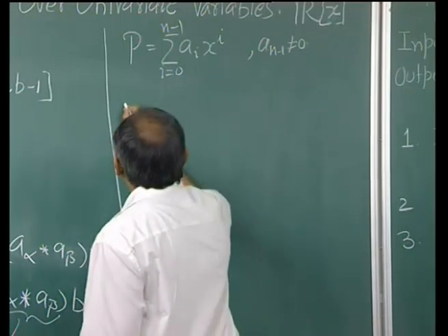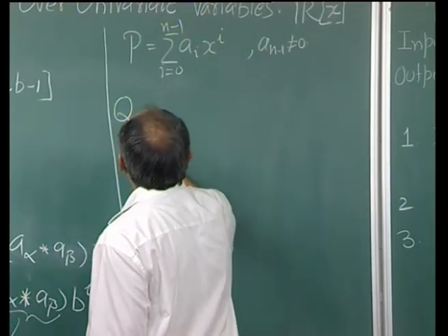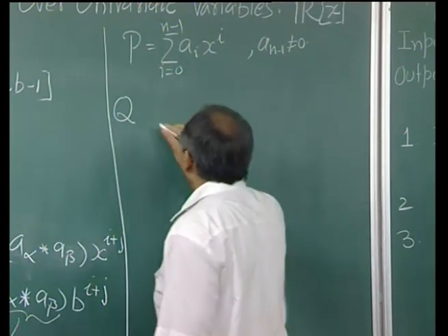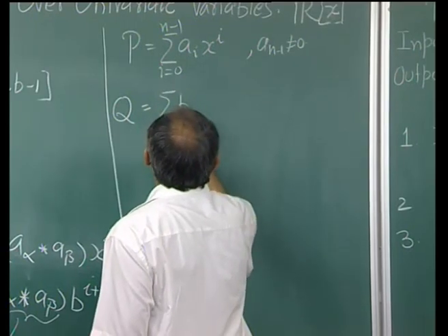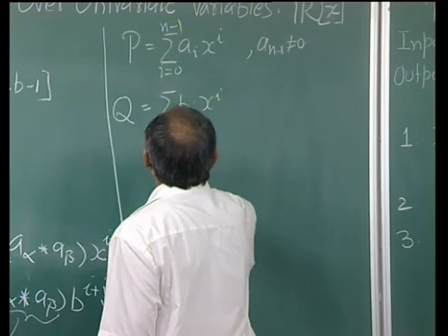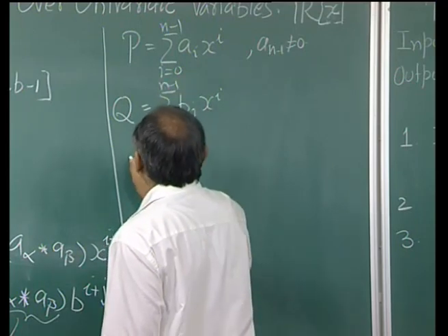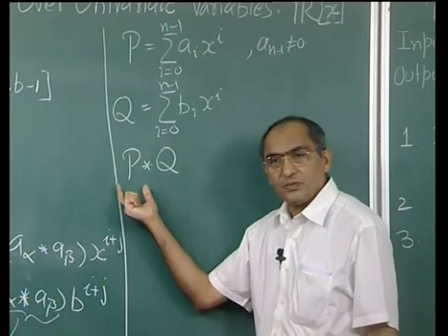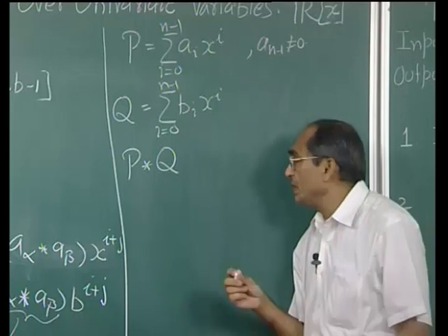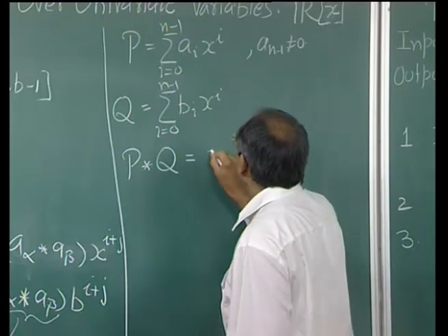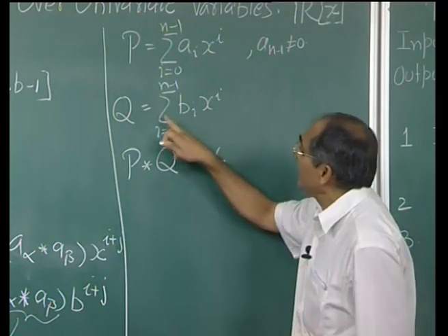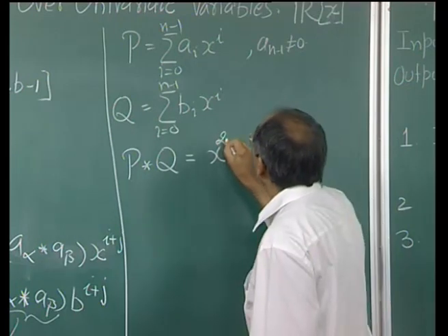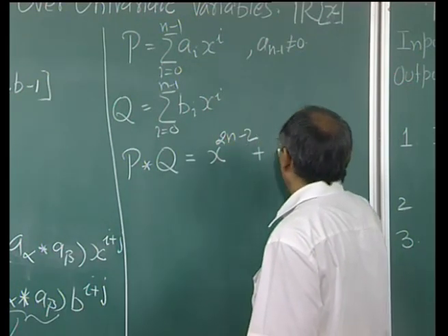Then we would like to find another polynomial q also of the same degree. So, we want something like the sum of b_i x^i going from 0 to n minus 1 such that p times q, remember q is supposed to be the reciprocal of p, should be effectively 1. But in this case that would be x to the power 2n minus 2 plus some error, since the highest terms have power n minus 1 in each.